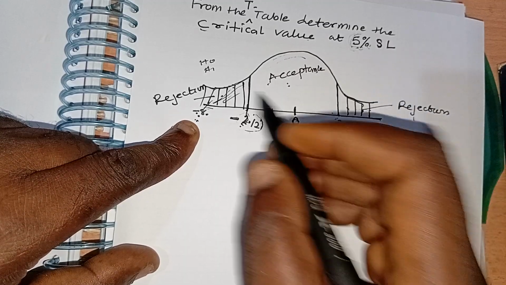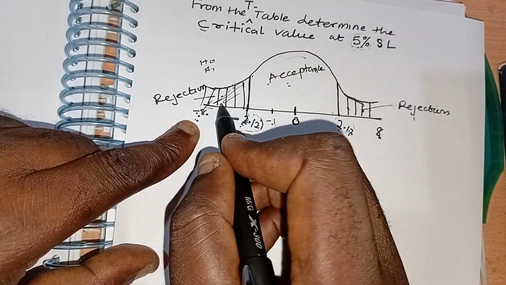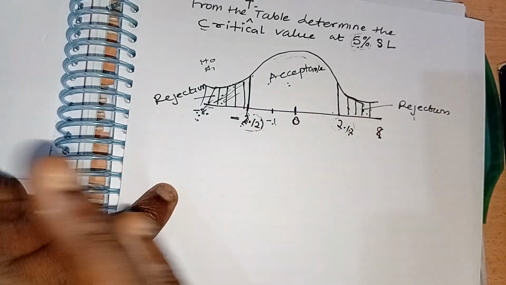That's why it is a two-tailed test. If it is less than, it will fall here, and it means there is no difference.